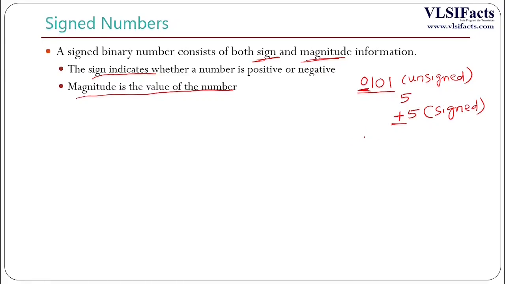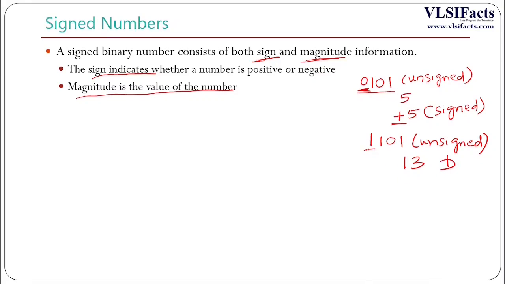Let us consider another example. If the number given is 1101 and it is an unsigned number, the value will be 13, or in hexadecimal we write it as D. But if this is a signed number, what will be the value?